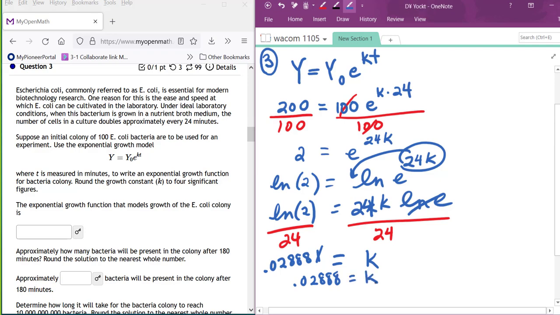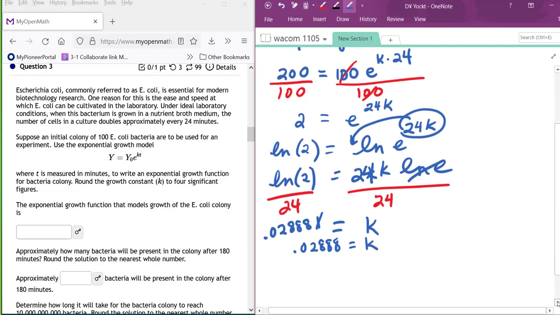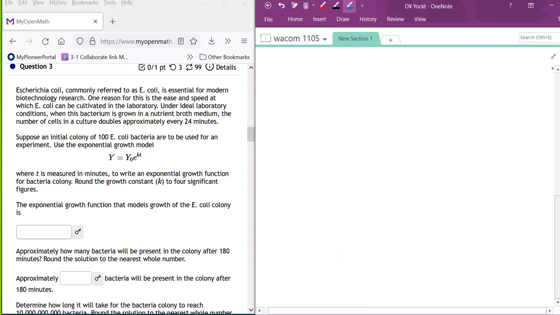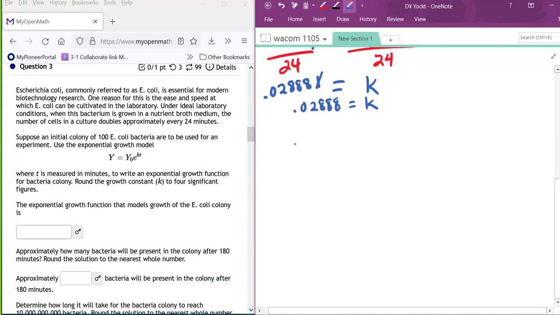And now we want to write the model. So y will equal our y sub 0, the initial one this is based on is 100, e to the 0.02888 t.